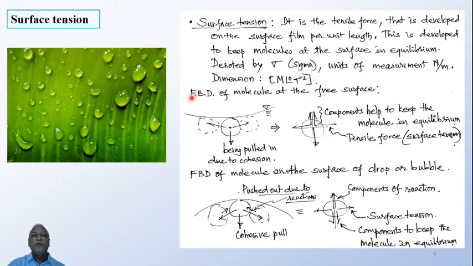Now, if you look at this free body diagram of the molecule at the free surface, if there is any object sitting or floating on it, the surface will be slightly curved like that.